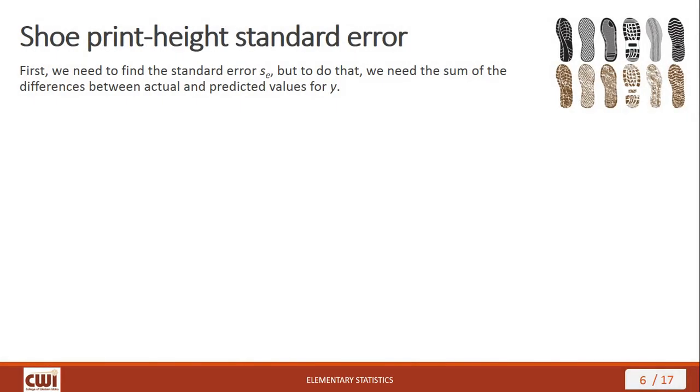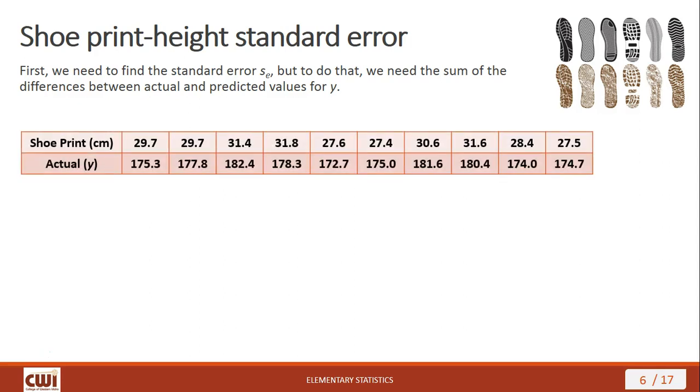Well, first, we need to find the standard error S sub e, but to do that, we need the sum of the squared differences between actual and predicted values for y. So, going back to our original data set, we have our x values, which is the shoe print length in centimeters, and then we have the actual values for the height, which is y. These are the observed values.